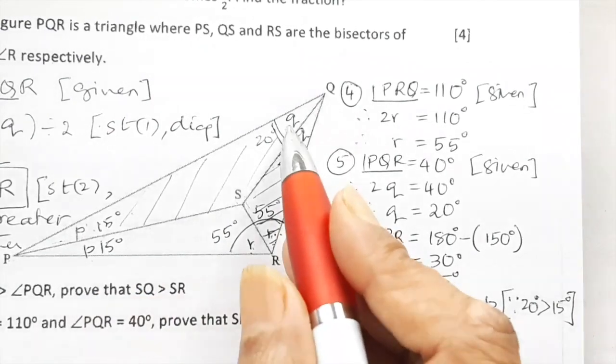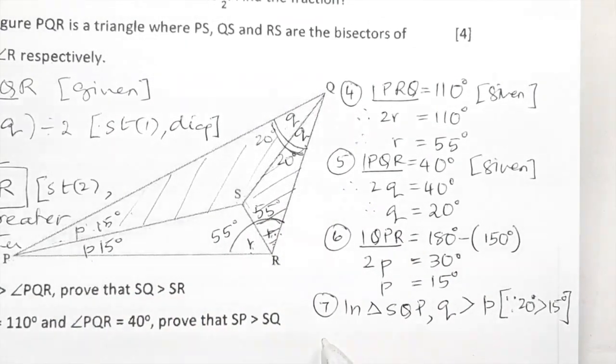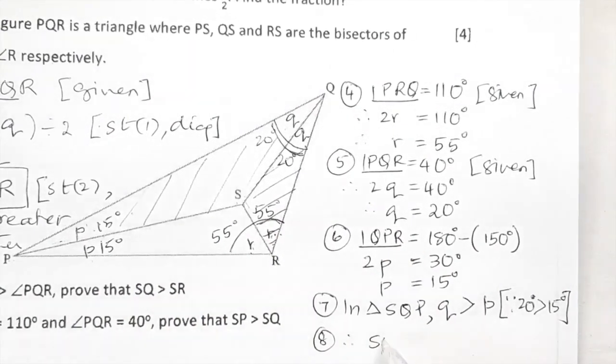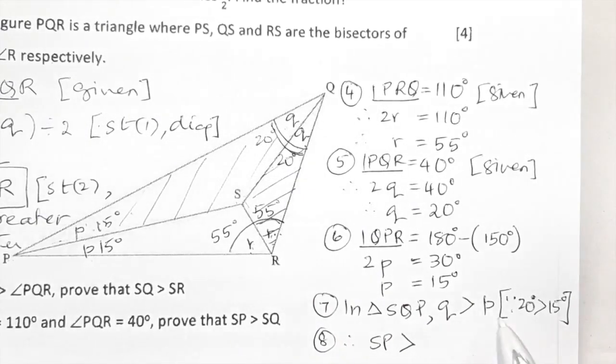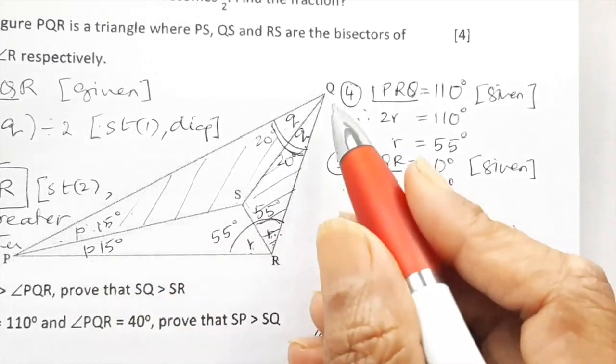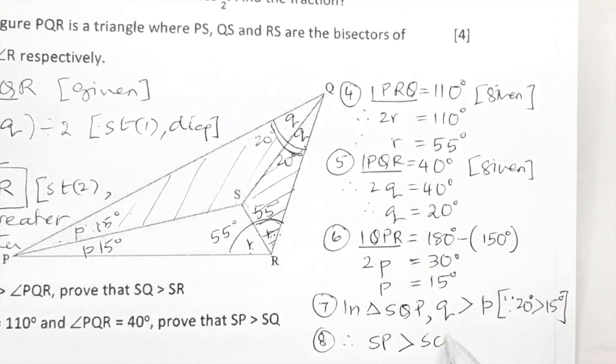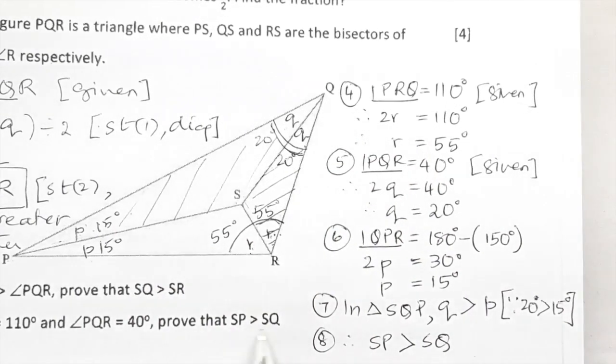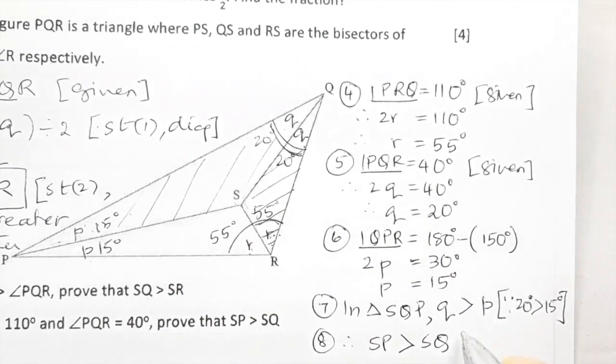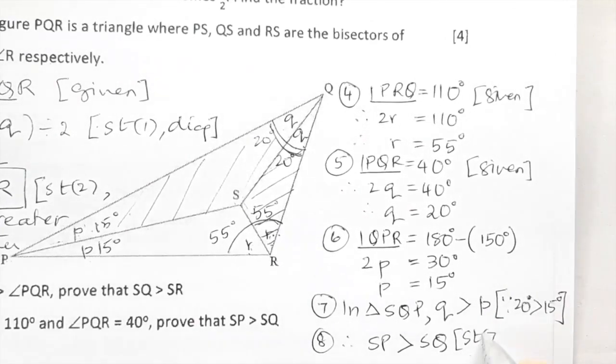Now opposite Q is SP. Therefore SP is greater than opposite P is SQ. And that is what they asked us over here. Can you see that? So this will be from statement 7.